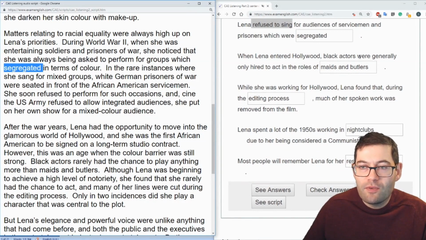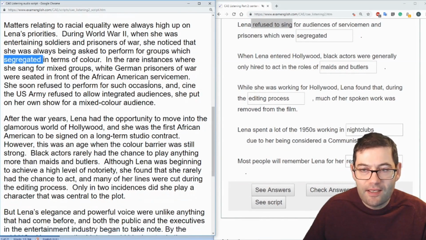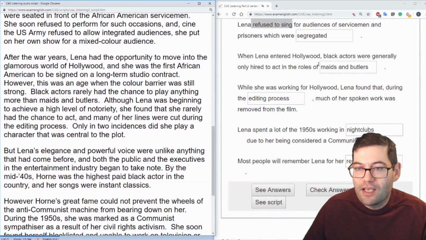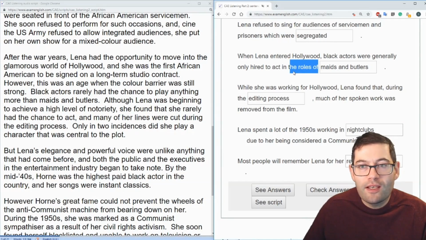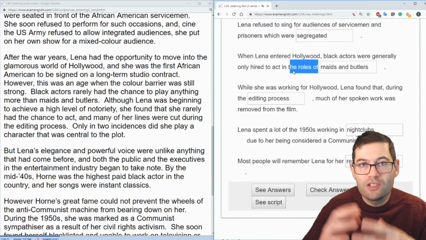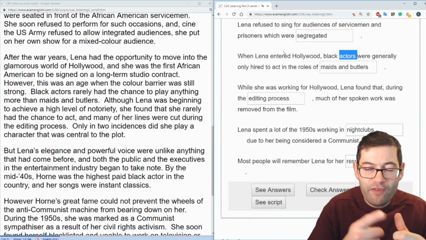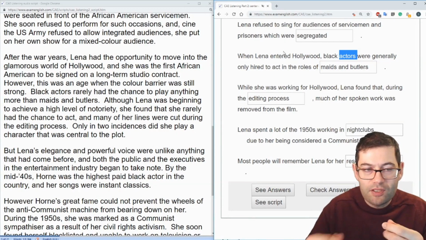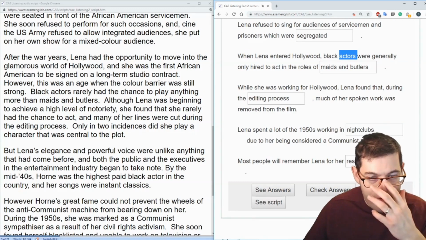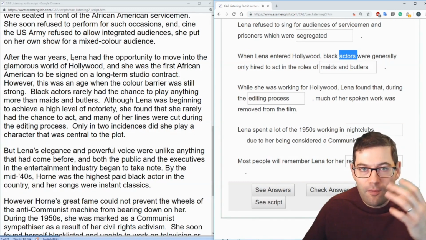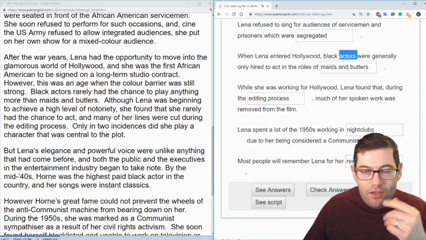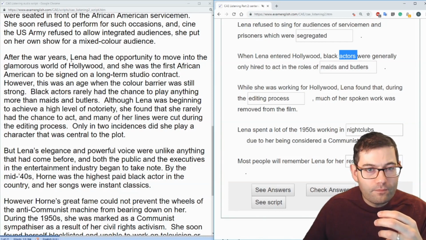When Lena entered Hollywood, black actors were generally only hired to act in the roles of what? Maids and butlers. So key vocab, the roles of some kind, particularly as regards Hollywood. So we're talking about films, particularly as it says black actors. So you're thinking films, black actors, roles. What kind of roles are we looking for? These are the vocabulary links that should be floating around your head when you're doing this listening.